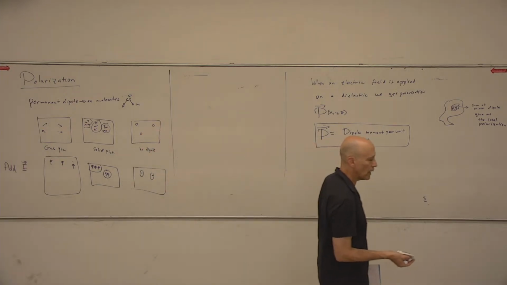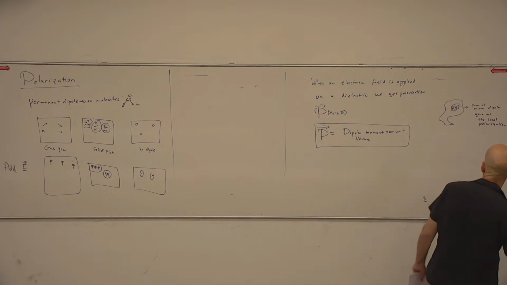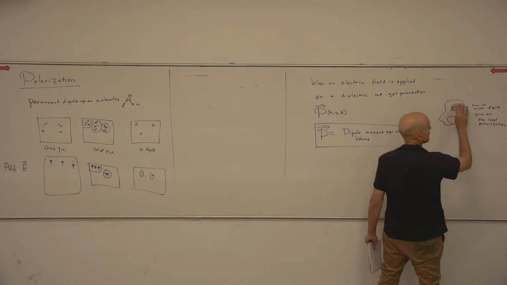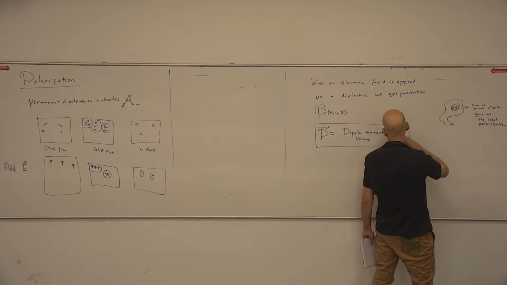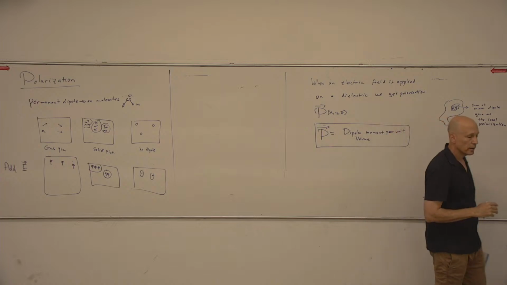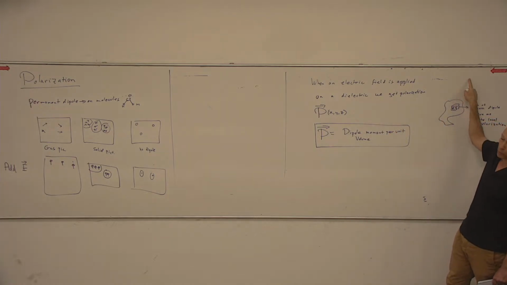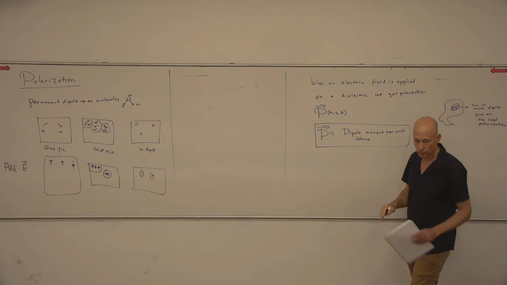And now I want to calculate the electric field. So I have a material like this, and it has these different dipoles, and here are the dipoles. They sum up, I have this polarization field. Now what is the electric field, let's say at this point? Okay, the question is clear?